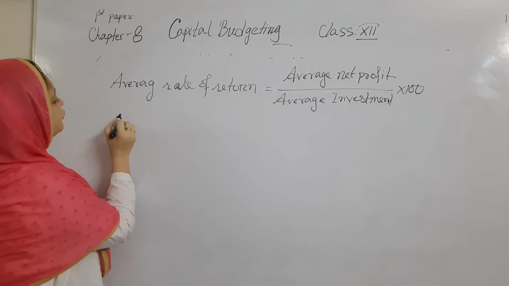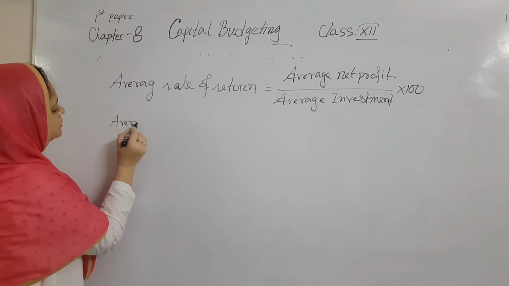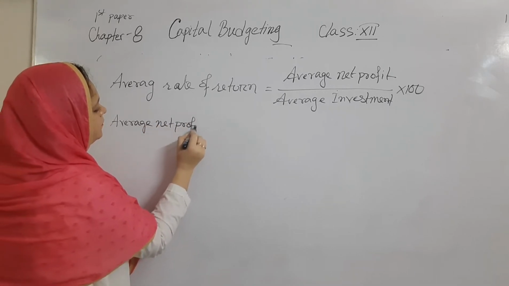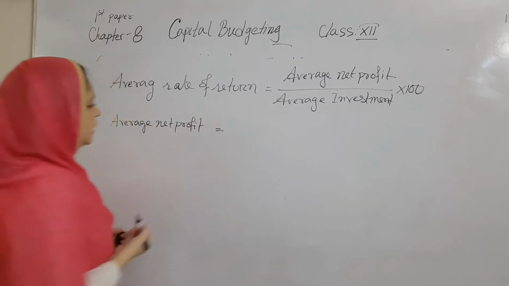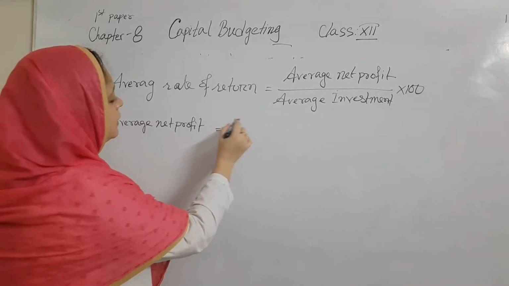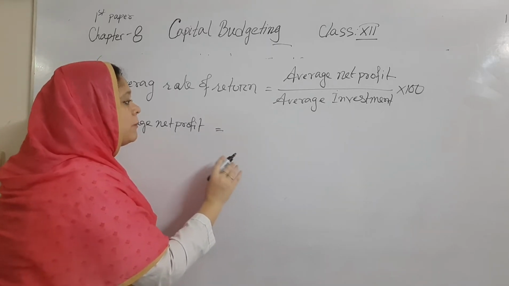Here we have to first find out the average net profit. To find out the average net profit, we have to make a sum total of net profit and divide it by the number of years.